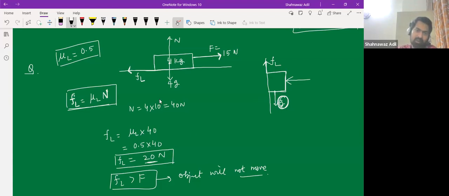So what I am saying is that in certain cases, you see that this normal reaction is not equal to this mg, right? In this case, let's say this is the force that you are applying. What is the normal reaction to this object? Is this mg?